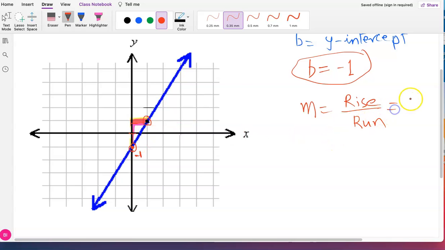So the rise is 2, and from there we move to the right hand side. So it is positive. Whenever we move to the right hand side, it is positive. Left side it is negative. So here it is positive, that is 2 over 1. Therefore my slope m is equal to 2.